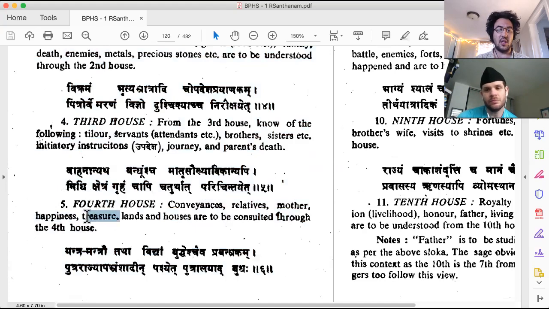And treasure points to something kind of mystical, in my opinion. Vettius Valens, the Hellenistic astrologer, talks about the 4th house as having among its significations something mystical, like mystical works. And there's a psychic attribute to the 4th as well by some of these authors. So treasure, to me, points to that.